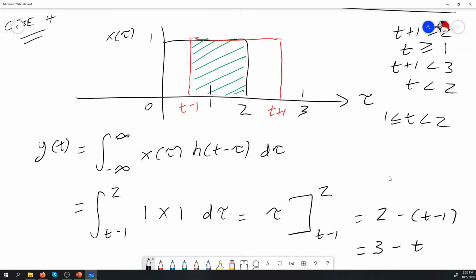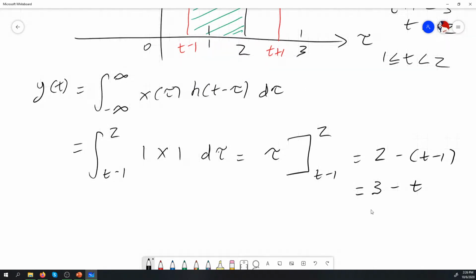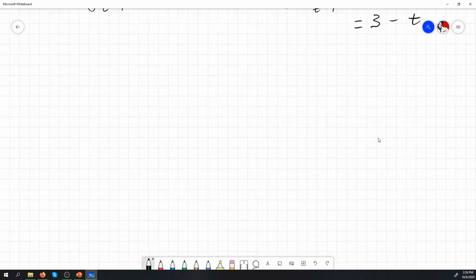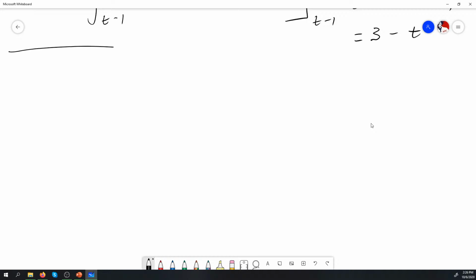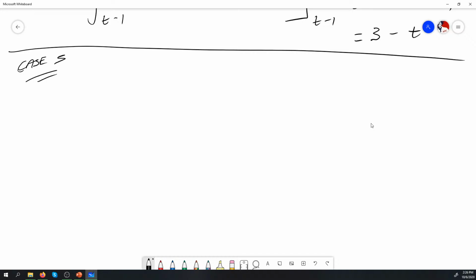So let's evaluate case 5, where this t plus 1 intercept is going to be in between 3 and 4 on the tau axis, and the t minus 1 intercept here is going to be in between 1 and 2 here on the tau axis. So we draw our axes again.